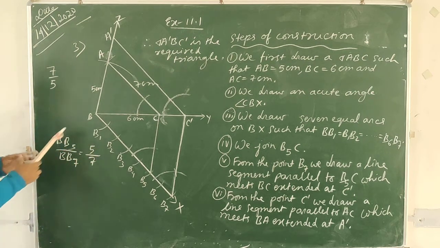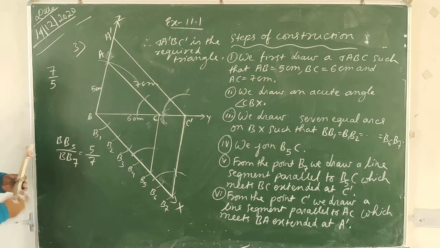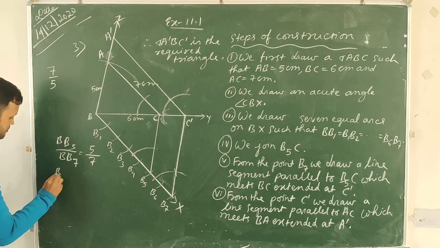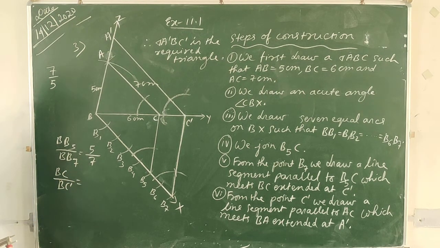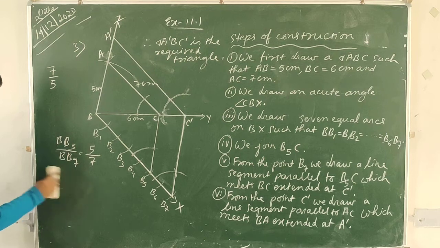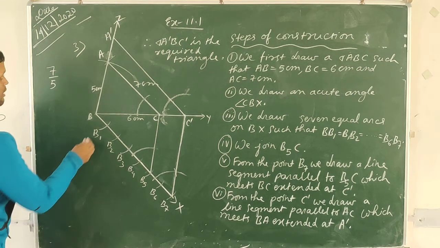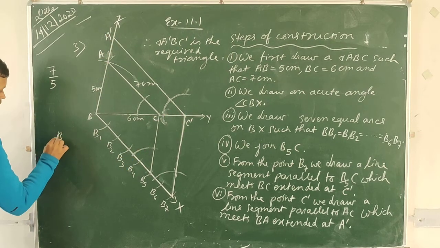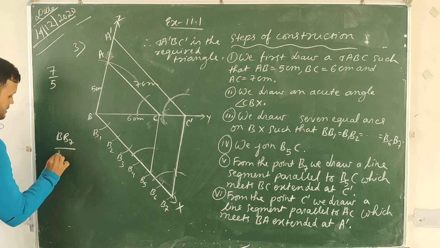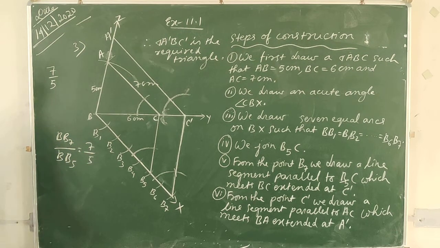Sorry, we need the bigger triangle. Okay, no problem. So our required triangle is A dash B C dash, isn't it? So B B7 by B B5 is equal to what? 7 by 5, isn't it?